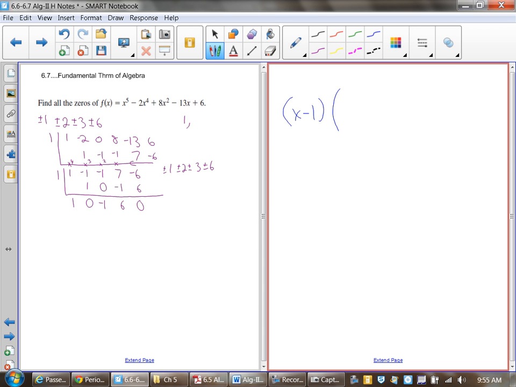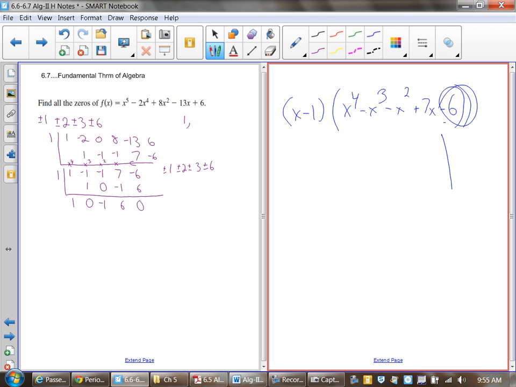And on the other part, we are left with what? x to the fourth plus x cubed minus x squared plus 7x minus 6. I was left with that. So now I'm doing this again, I'm trying to continue to factor this out and find the next term that comes out. I'm looking at the constant every time.